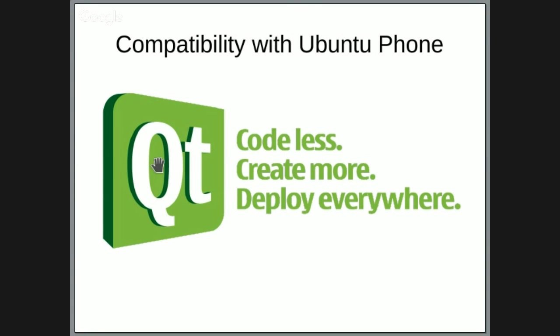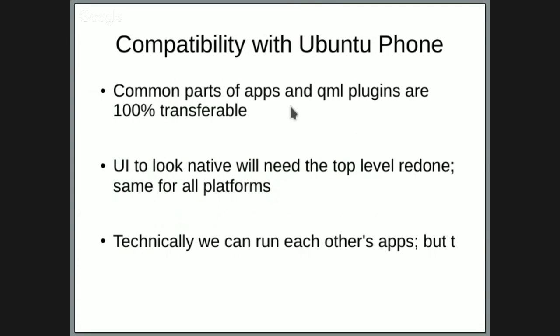And as it's the Ubuntu Summit, compatibility with the Ubuntu phone. Qt's motto used to be write once, run everywhere. That's kind of changing slightly into create a backend once and then write a small UI front end everywhere. So that still applies to Ubuntu phone. Ubuntu's not using Qt Quick Controls in their layer, so it's not necessarily 100% write it once, it will work everywhere. But the backend definitely will.